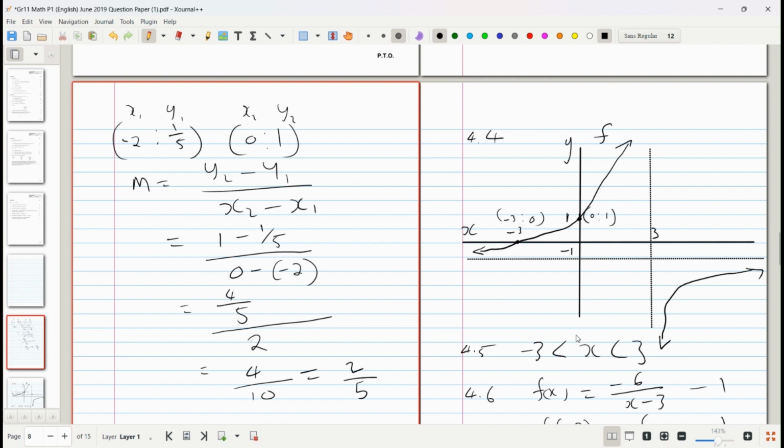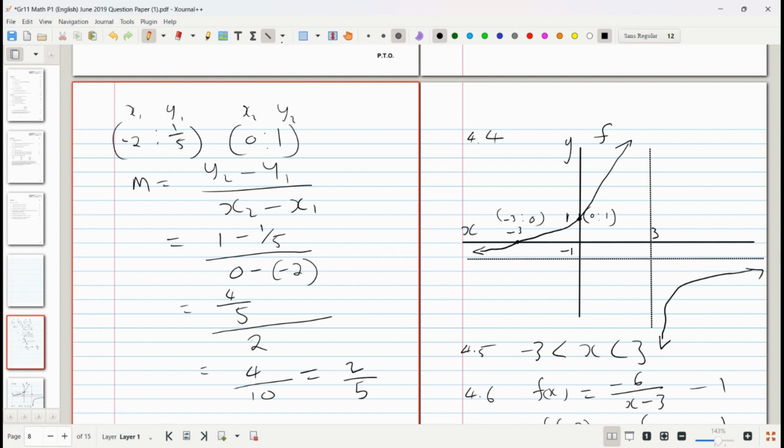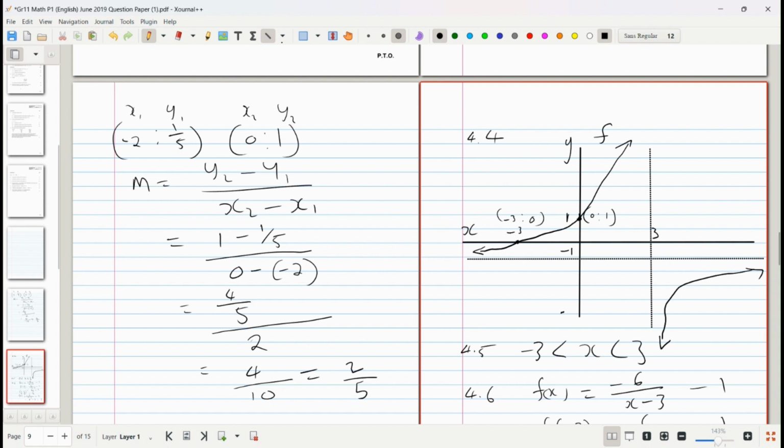So we need to draw a line that can cut these two graphs here into half. So the graph will be this line here.